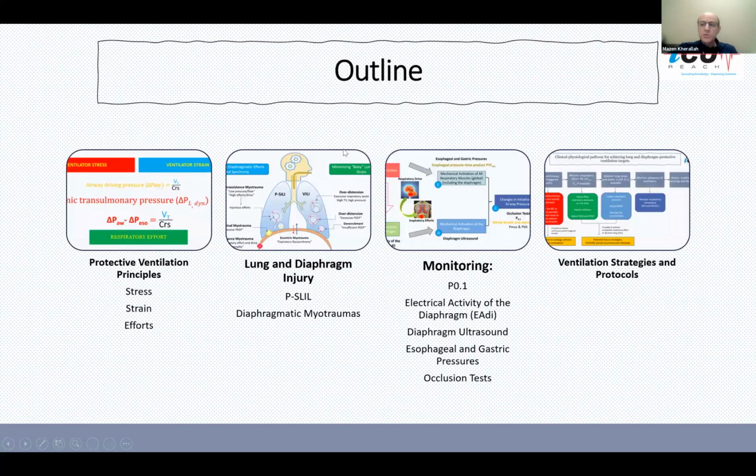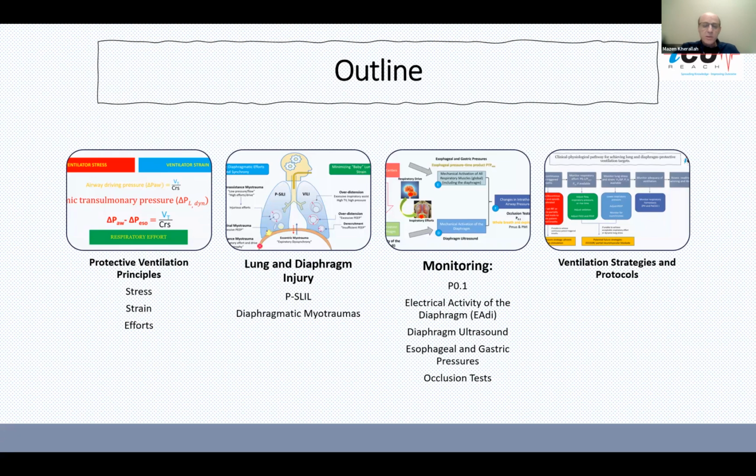We're going to be discussing first the principles of protective ventilation, and then we'll go over the lung and diaphragm injury, and then we'll present the different tools that we have in terms of monitoring, and we'll end with ventilator strategies and some pathways that are recommended.